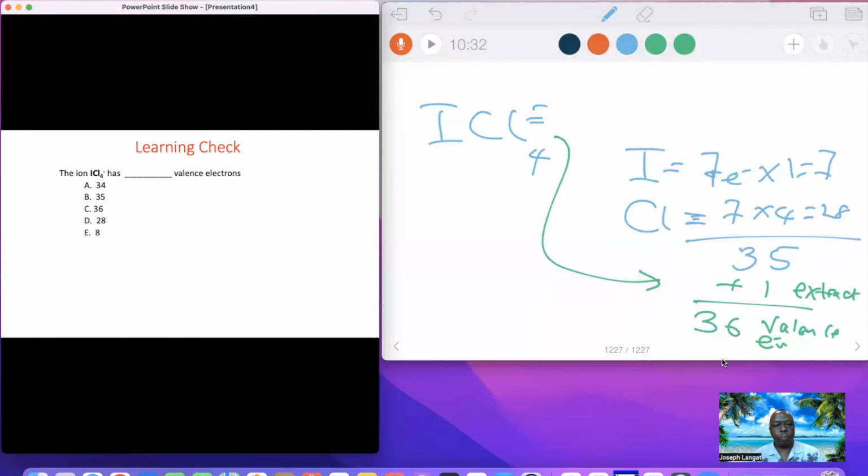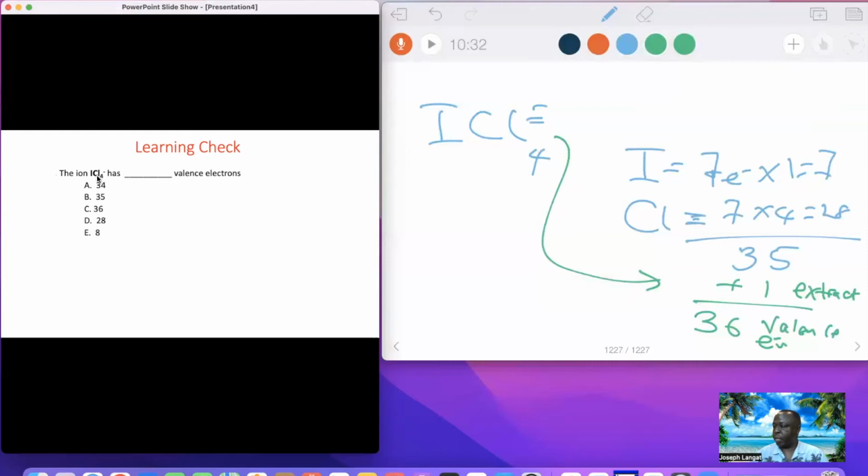I would like to bring to your attention that you should be able to write down the chemical formula for polyatomic ions, such as sulfide. Do you know the chemical formula for sulfide, for phosphide, for phosphate, for carbonate, and so forth, so that when you are asked to find the total valence electrons, you just have to add up.